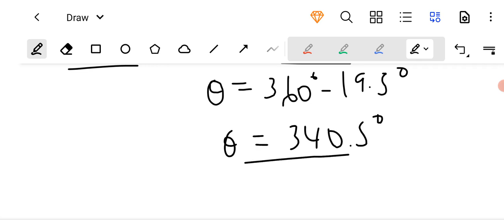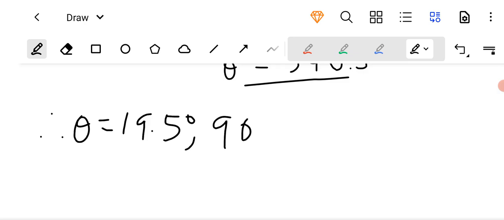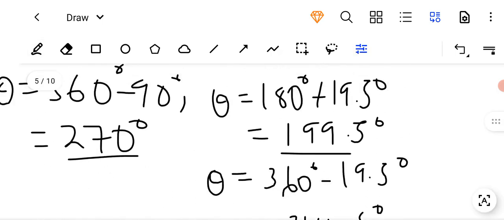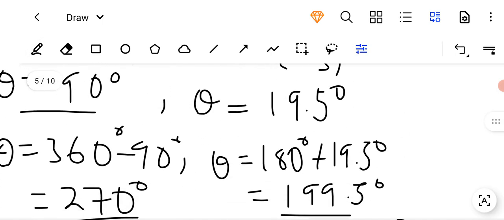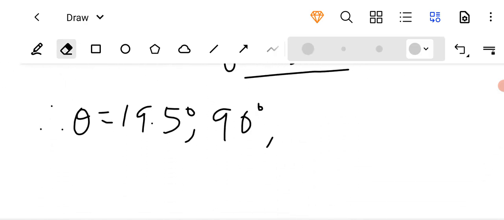To conclude, you arrange your answers in ascending order. Therefore, theta is equal to... sorry, 19.5 is not part of the solutions, I clearly noted that out.